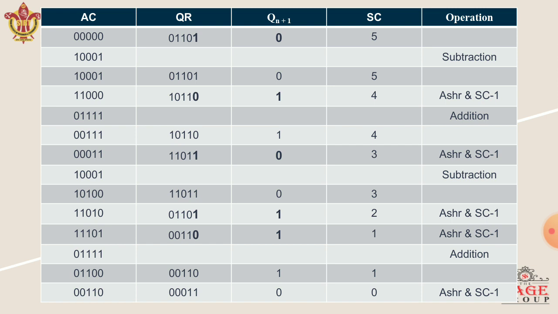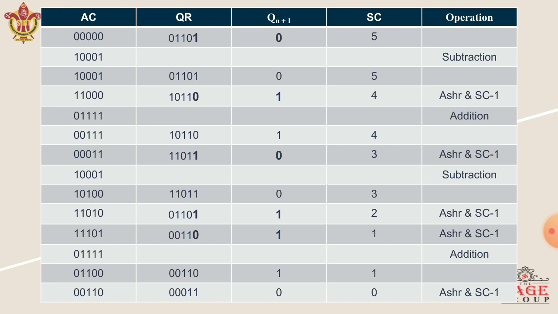After the subtract operation, we got the value 10100, and the remaining values of QR, Qn plus 1 and SC remain unchanged.